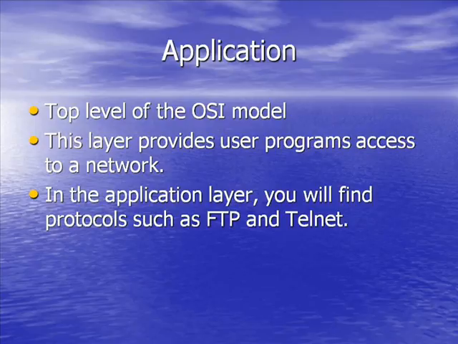Common protocols that you find in the application layer are FTP, File Transfer Protocol, Telnet, Remote Login, and of course everyone that uses web browsers knows the HTTP protocol. So when you send an email, your email goes into your data package, and your data package is now sent on to the presentation layer.